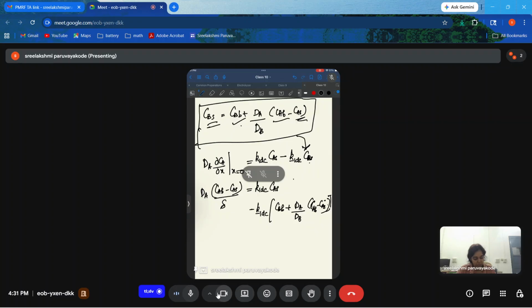Now let me just rewrite it by opening the bracket. k1 dc Cas minus k−1 dc Cbb minus k−1 dc dA/dB Cab, plus, minus of minus is getting cancelled, or I'll just open the bracket, which is better, I think.